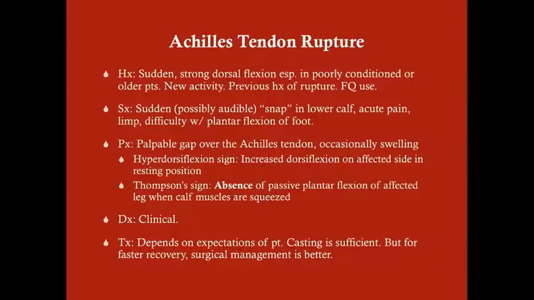And the patients we tend to see this in, it can happen in athletes, but it tends to happen in people that are less acclimated to the activities that they're engaging in. So think about it along the same lines as who you would see a muscle pull in.